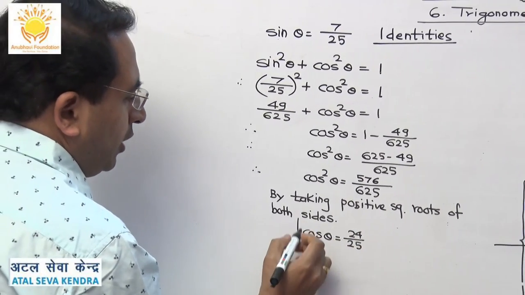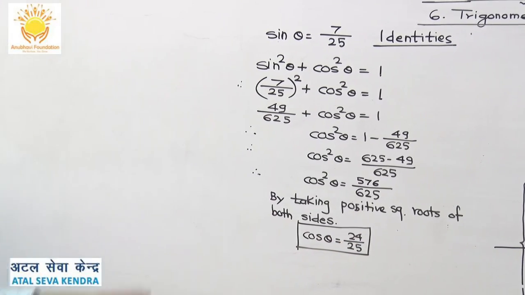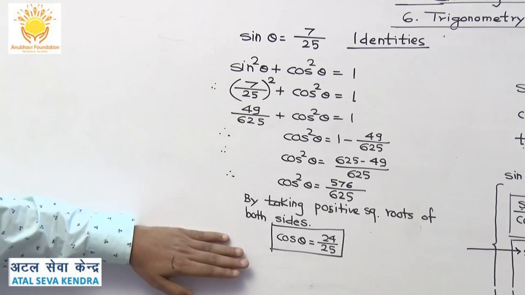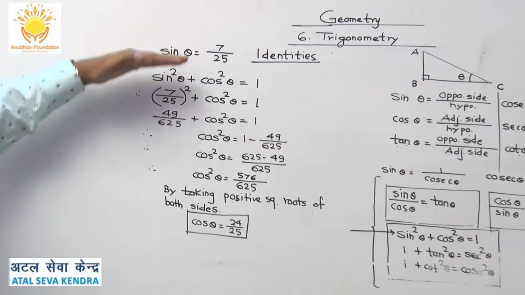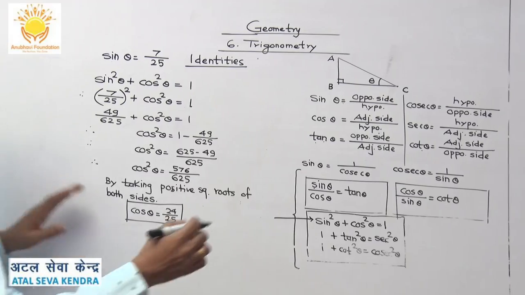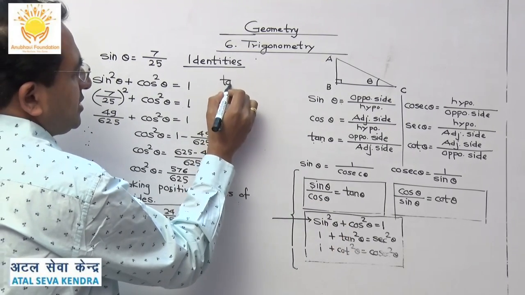Now I will put the box for this, because when they ask to find the remaining trigonometric functions, then sin theta is the first one, then we have cos of theta, then we have to use the formula now. See this, tan theta, we have to write the formula like this.